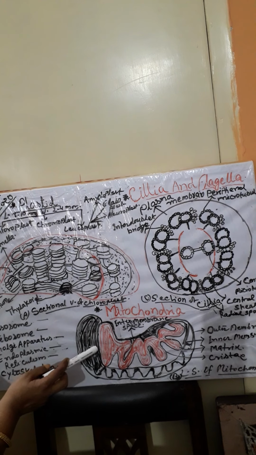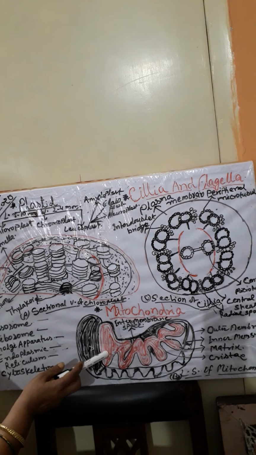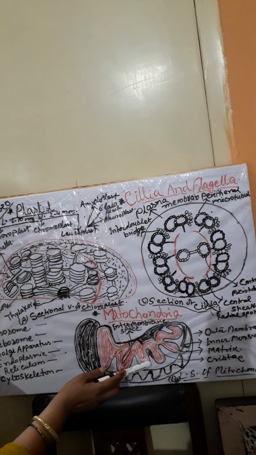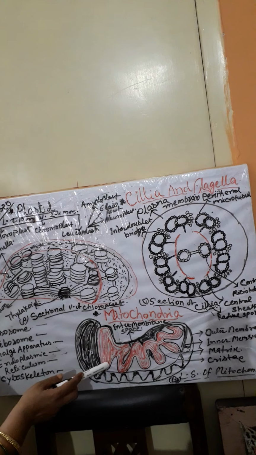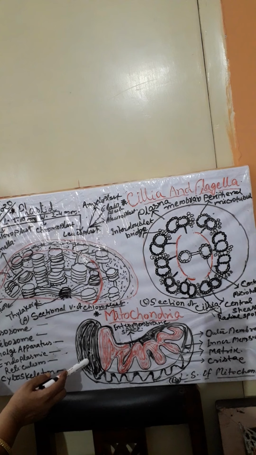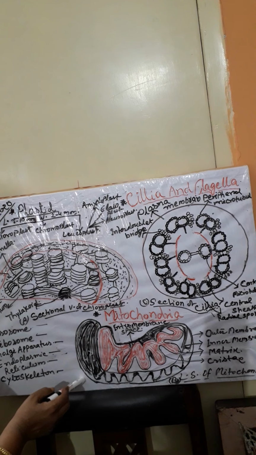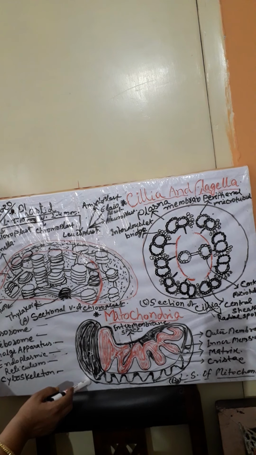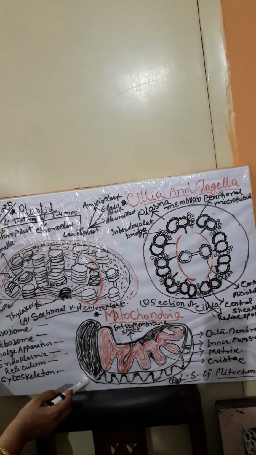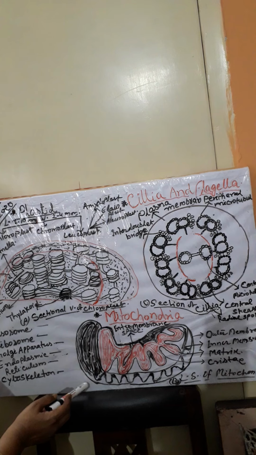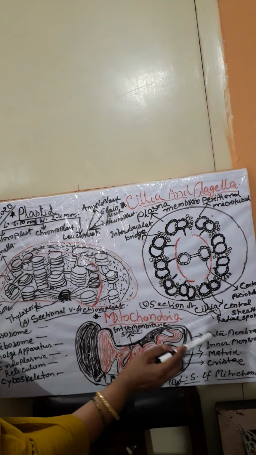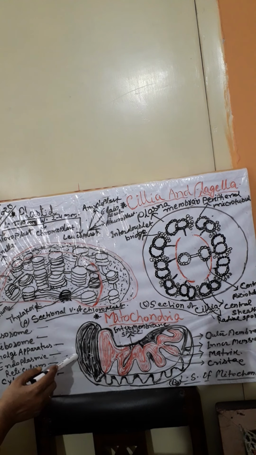The matrix also possesses a single circular DNA molecule, a few RNA molecules, ribosomes of approximately 70S, and the components required for the synthesis of protein. The mitochondria divide by fission. So these are the complete structures of mitochondria.